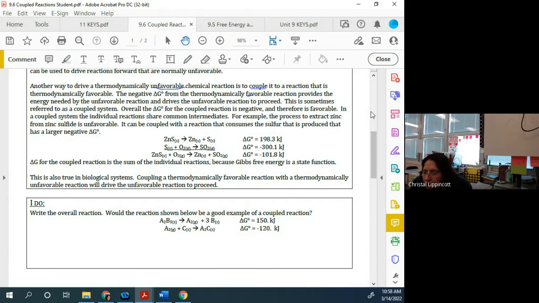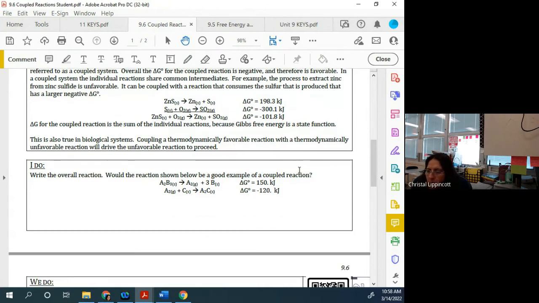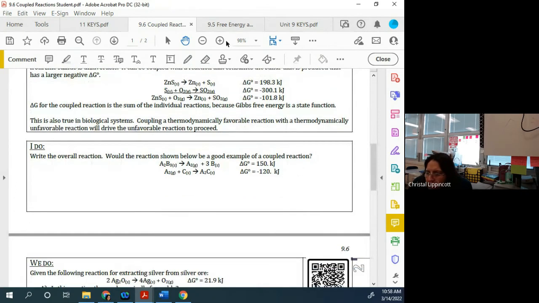All right. So here they want us to write the overall reaction. So what is, do I have any intermediates here? Yes, A2. A2, okay. So that's an intermediate.